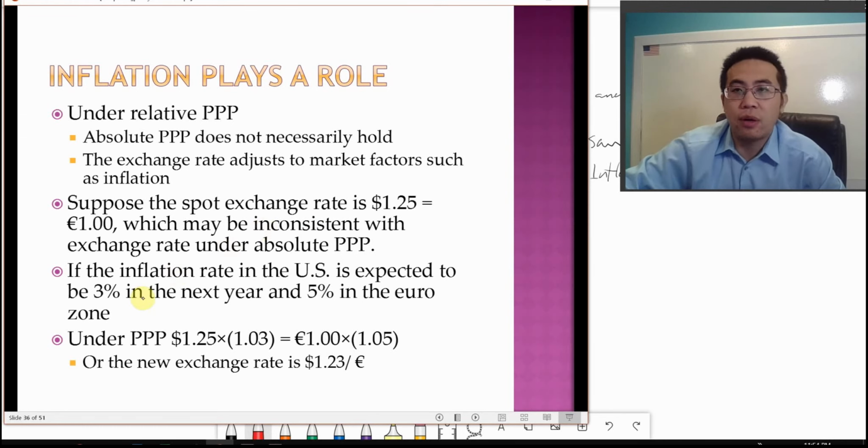Under the relative form of PPP, the exchange rate should adjust for inflation, so the dollar price in the US and the dollar price in the euro area change by the same percentage.